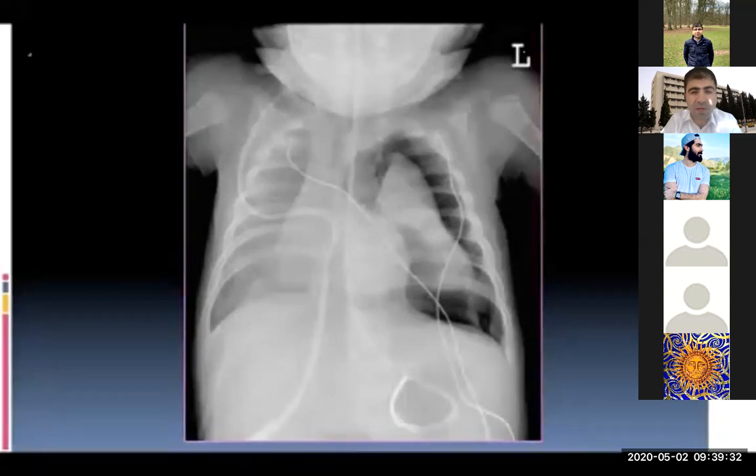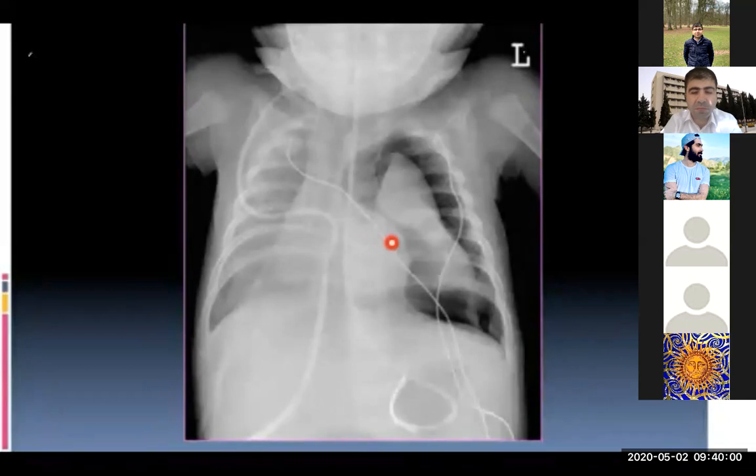Okay. What about B? For the bones, there are no lytic lesions or abnormality seen in the bone. For C, cardiac shadow, the contour of the cardiac shadow is visualized, and the contour is smooth.